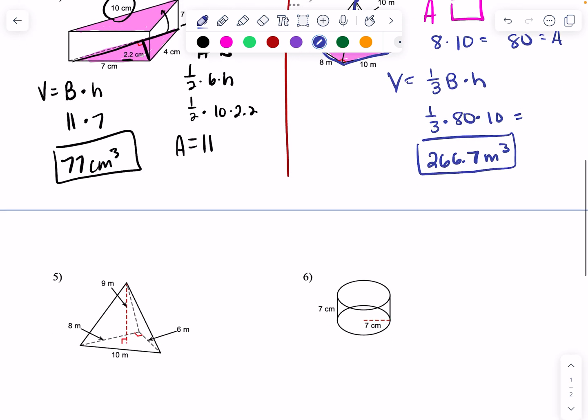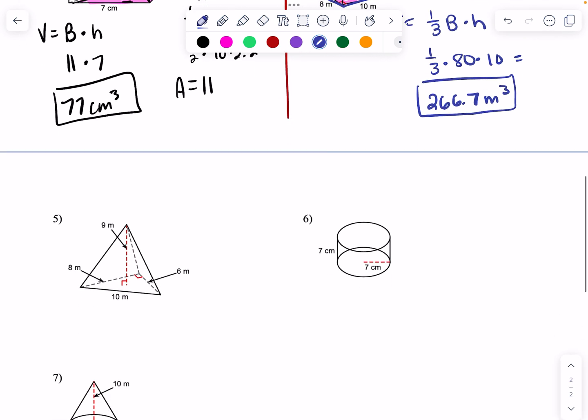Let's take a look. We have one more, okay? Again, remember, volume is 1/3 area of the base times the height, right? And the base is this bottom triangle down here. This is my base. So I have to find the area of that triangle. Remember, and I've said this multiple times, but I'm just going to keep saying it.